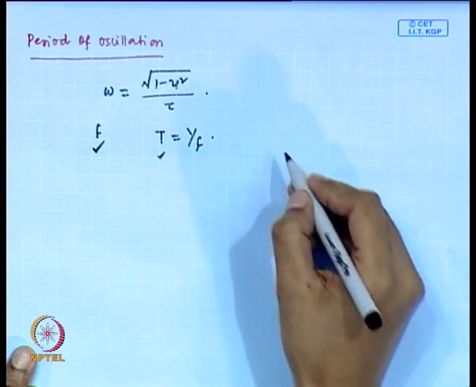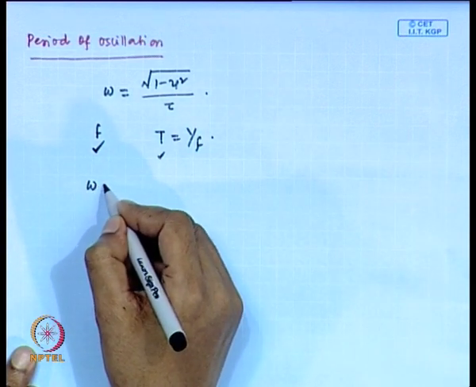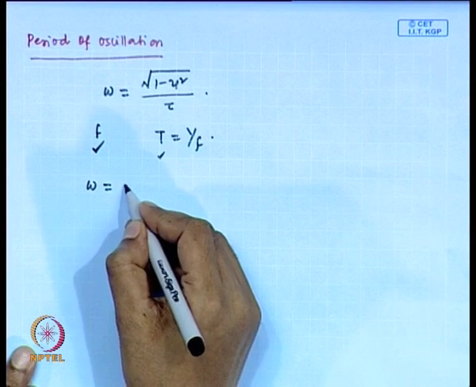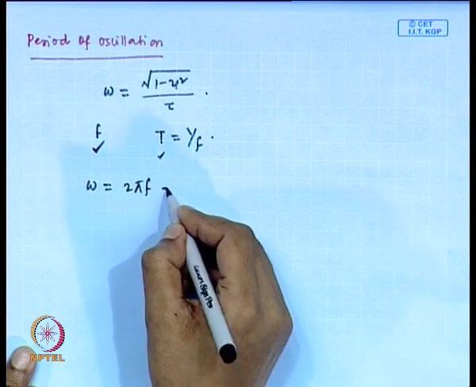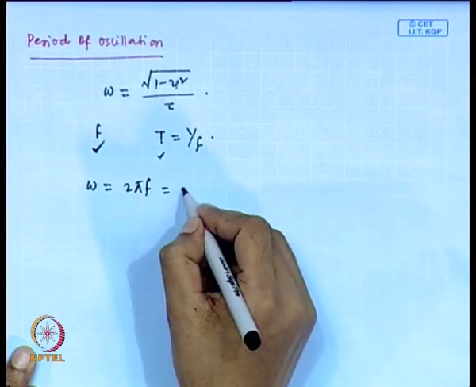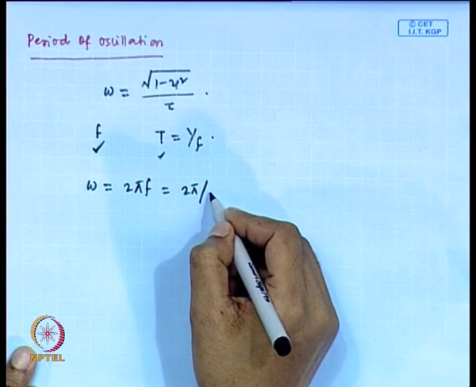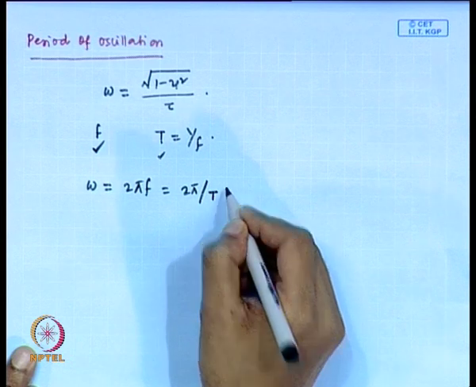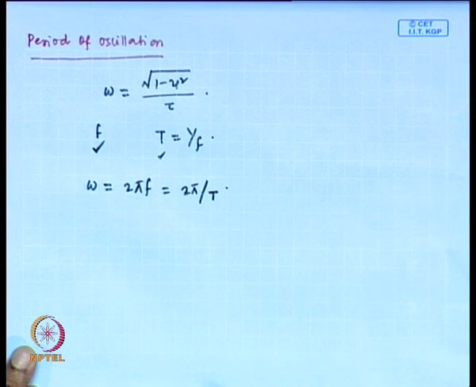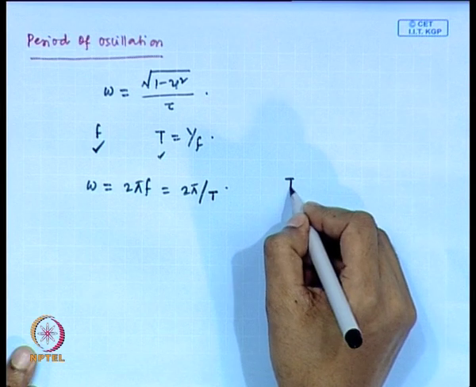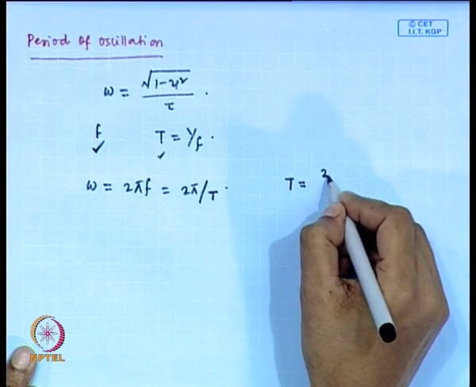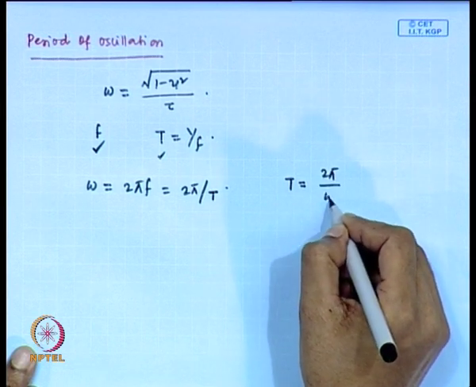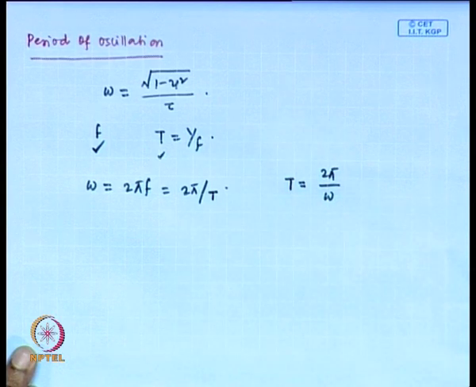Fine. So, what is the radian frequency omega? Omega equals 2 pi f. Again this equals 2 pi divided by T. So, we can write T equals 2 pi divided by omega.